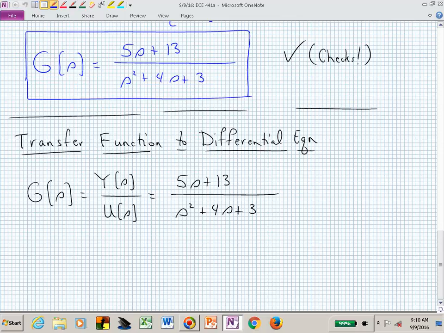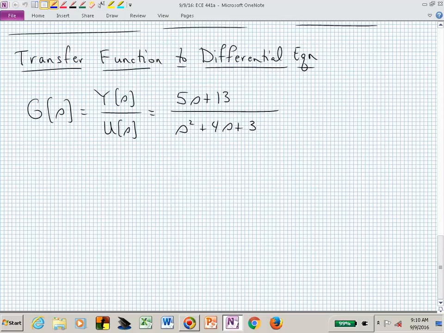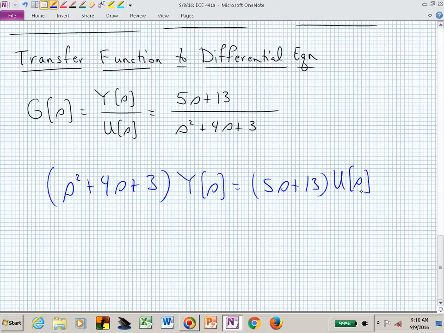By that I mean our transfer function G of s is just the ratio of our output Y over the input U. If we now cross multiply, or clear the denominators on both sides, I'm multiplying both sides by the denominator on the right, and I'm multiplying both sides of the expression by U of s, which is the denominator on the left.